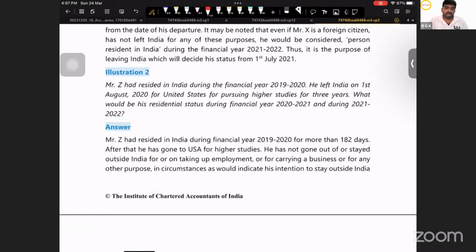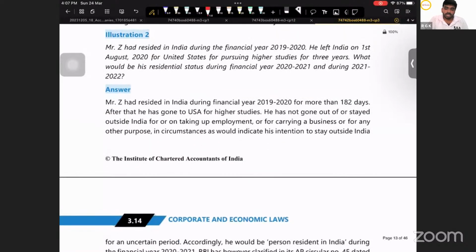Mr. Z had resided in India during the financial year 1920. He left India on 1st August 2020 for United States for pursuing higher studies for 3 years. What would be the residential status during financial year 2021-22? He is leaving India in the year 2021, that too on 1st August.